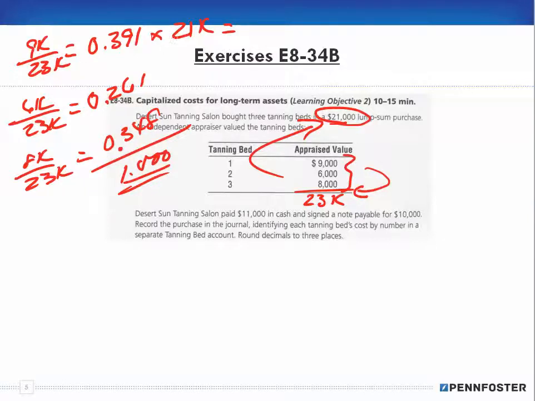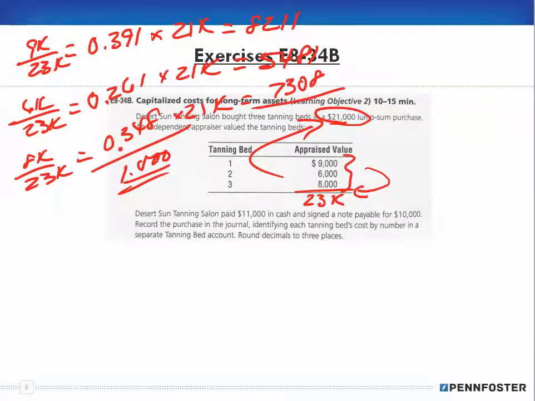In this case, we're looking at 39.1% of 21,000, which ends up being 8211, and 26.1% of 21,000 ends up being 5481, and 34.8% of 21,000 ends up being 7308.